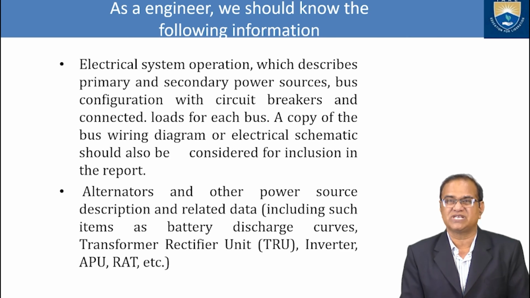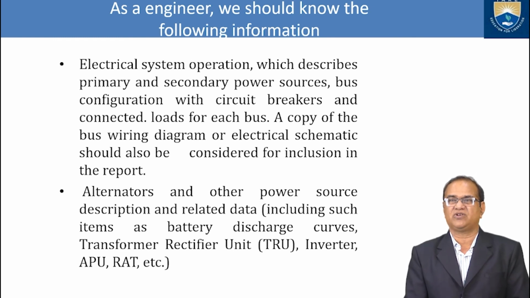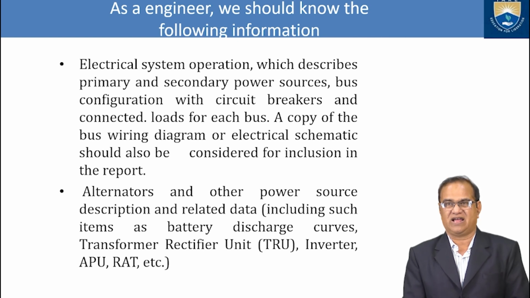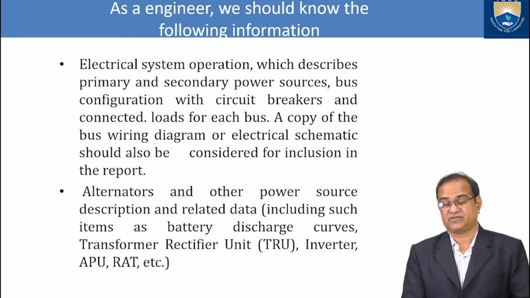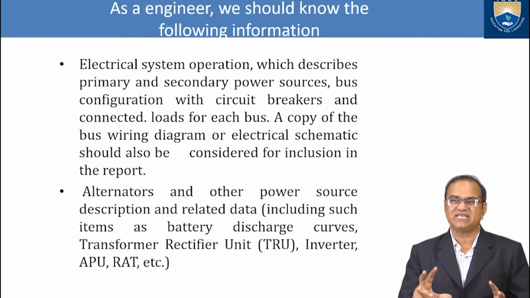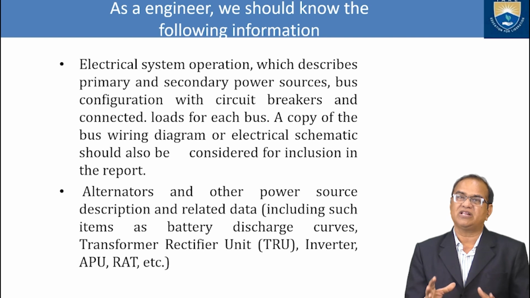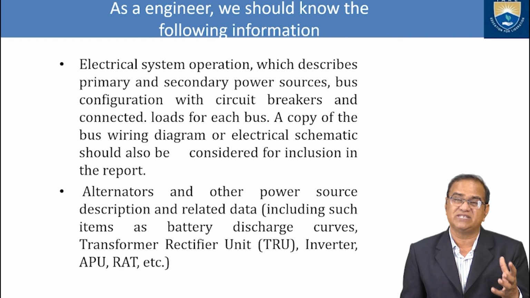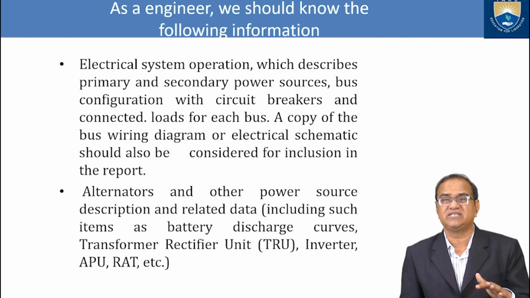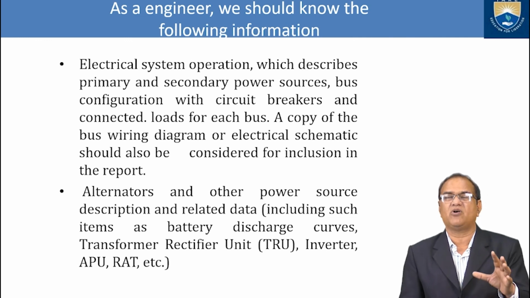Alternators and other power source descriptions and related data, including such items as battery discharge curves, transformer rectifier unit, inverter, APU, RAT, etc. So for these power sources and their data, like the battery discharge curve, how much percentage it discharges in how much time, the engineer should know all these things. These are the points which every flight engineer or aircraft maintenance engineer, especially the electrical engineer of the aircraft, has to ensure he is aware of.